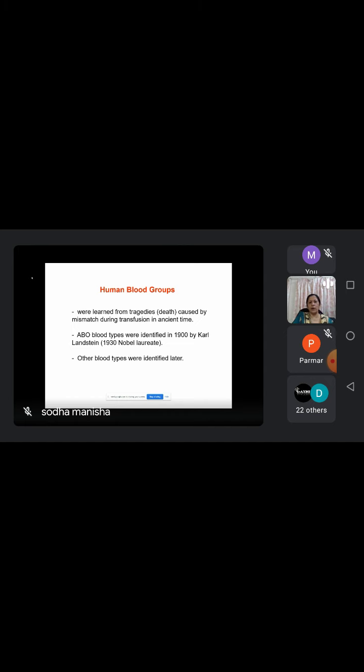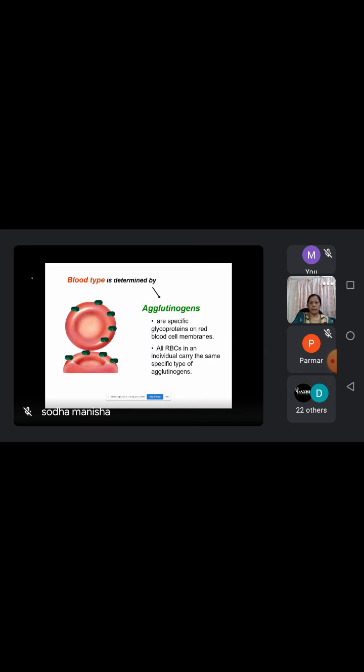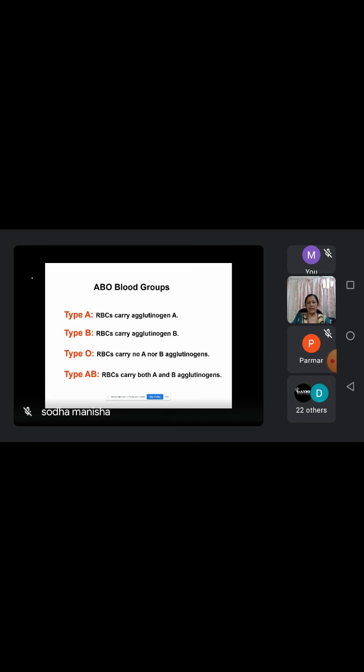According to this ABO system of blood grouping, there can be 4 blood groups: A, B, AB, and O. So these are the 4 blood groups: type A, type B, type O, and type AB.